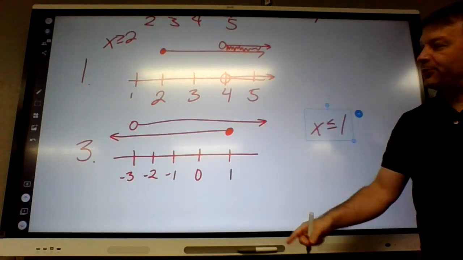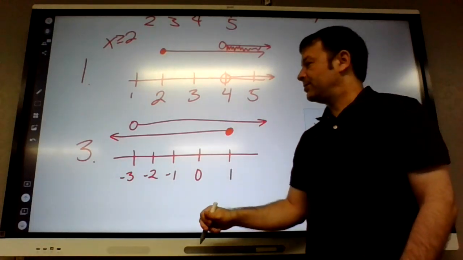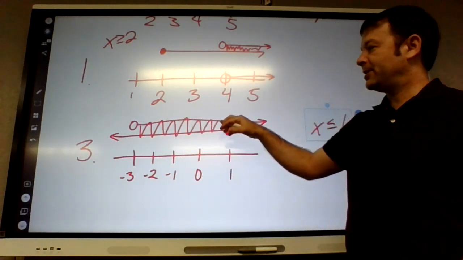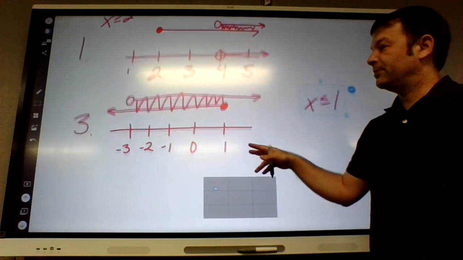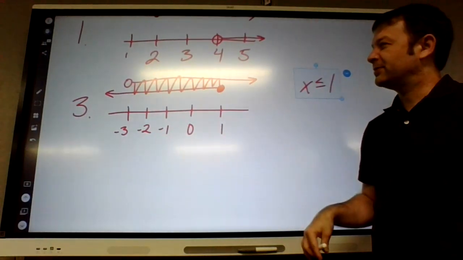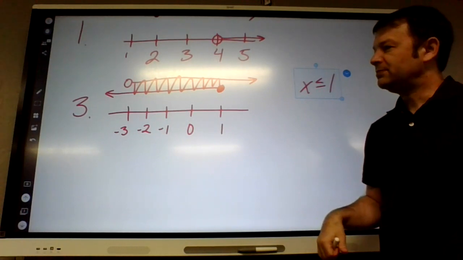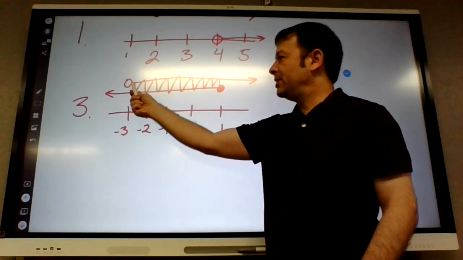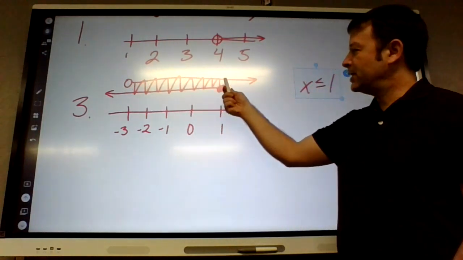Okay, what numbers are both greater than -3 and less than or equal to 1? All the ones in the middle. So this is kind of like my example 1 from the start. So what should I graph though? All the numbers between -3 and 1.